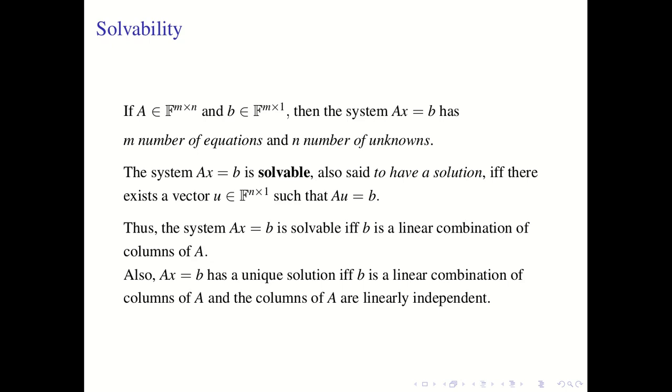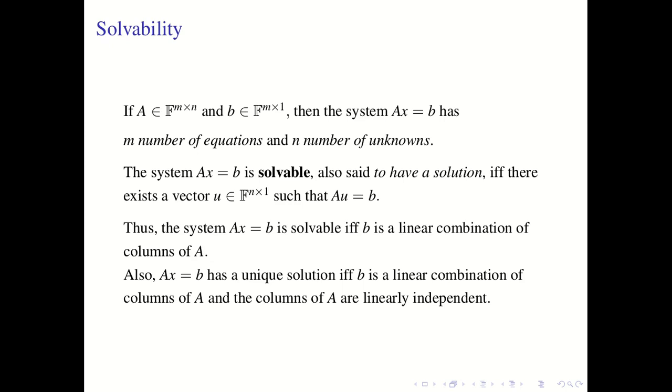Therefore b is written as a linear combination of columns of A. That is, the system Ax equal to b is solvable if and only if b is a linear combination of columns of A.